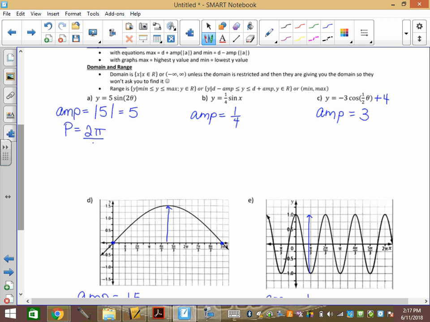It's 2. So if you look here, it even gives you the letters A, B, C, D on your formula sheet. So B is found between sine and x. So if you forget which one is B, C, or D, they give it to you. Look it up. So B is 2 in this case. So this graph repeats itself every pi.